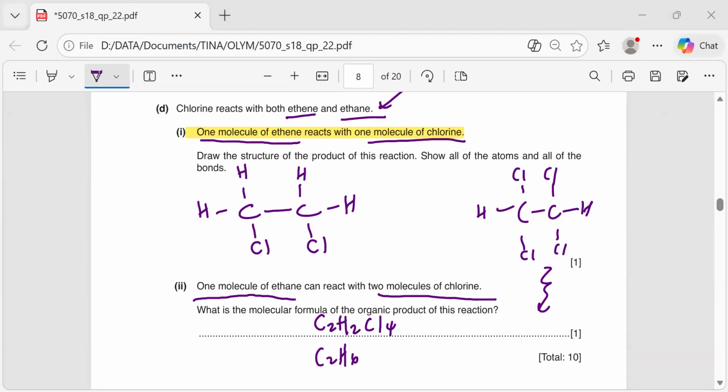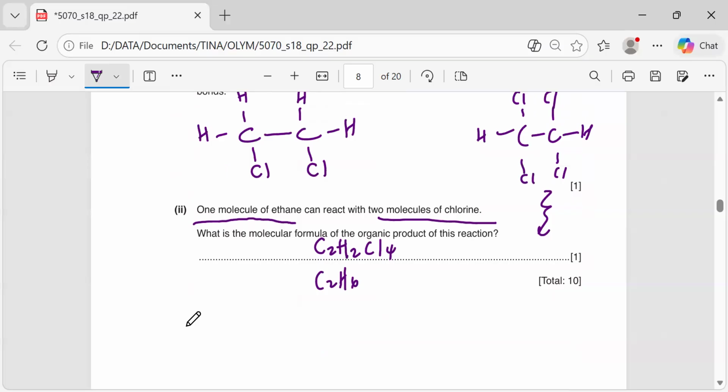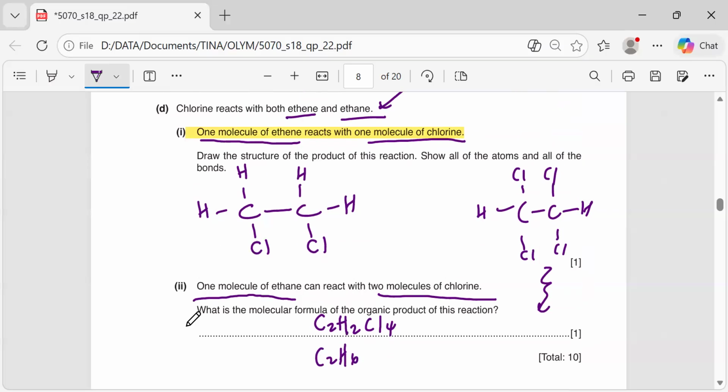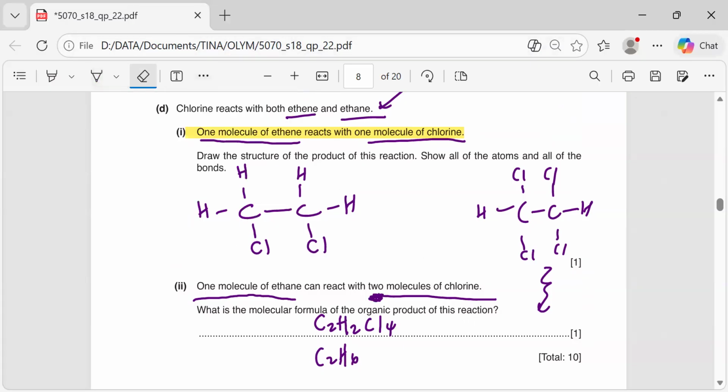Okay. C2H5Cl2. Why Cl2? So actually 2 molecules of chlorine. Oh, okay, sorry. C2H4.